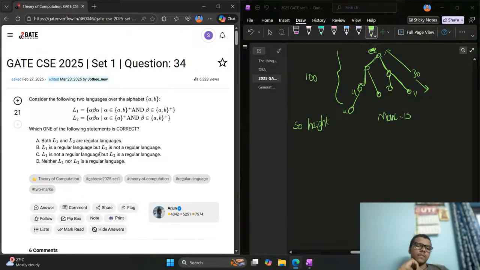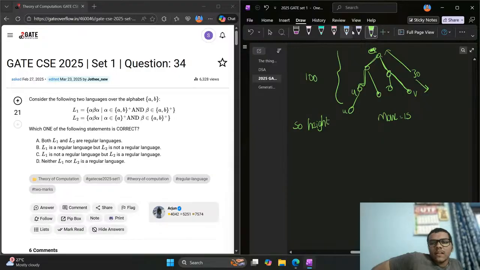Alpha, beta, A, B closure, A, B closure. Regular languages.